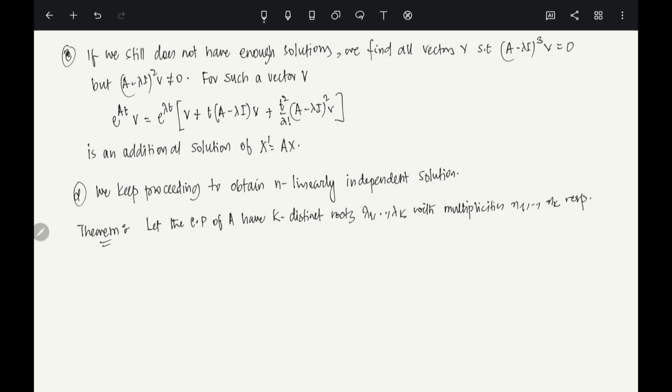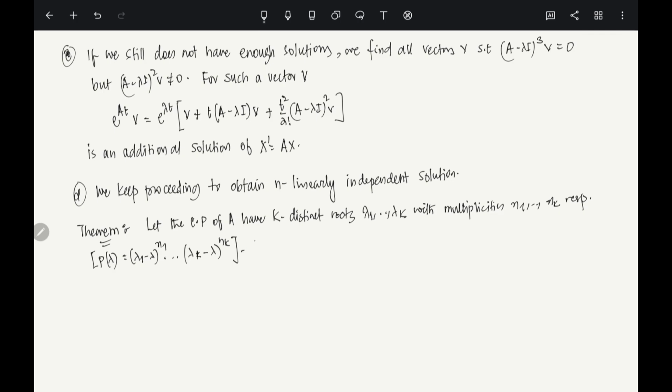What does it mean? It means that the characteristic polynomial p(lambda) will look like (lambda 1 minus lambda) to the power n1 and so on up to (lambda k minus lambda) to the power nk. This polynomial can be factorized into this.